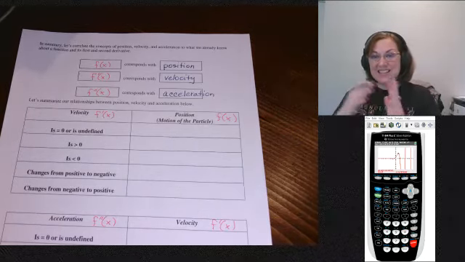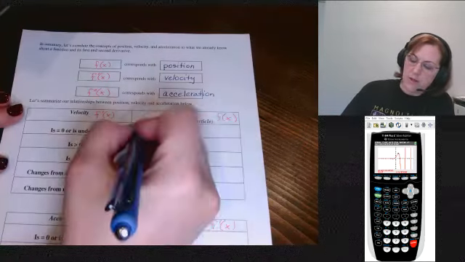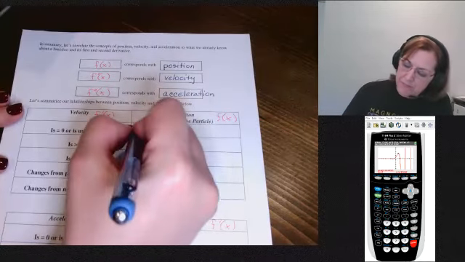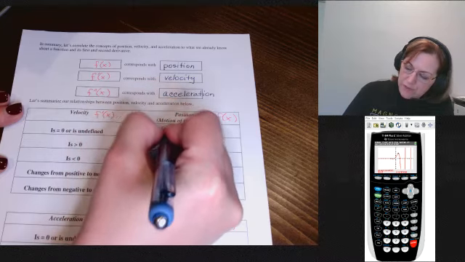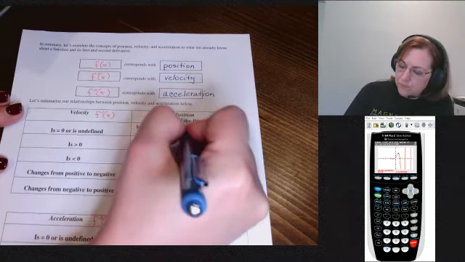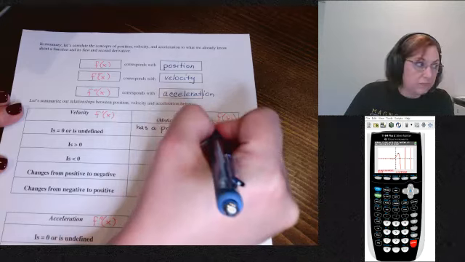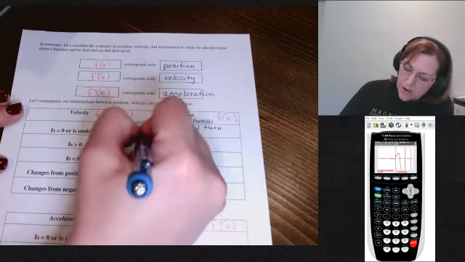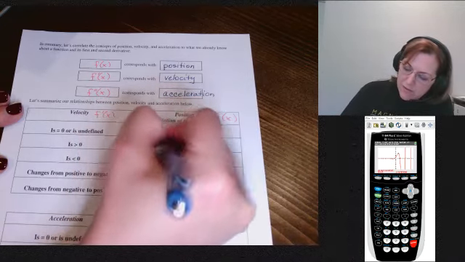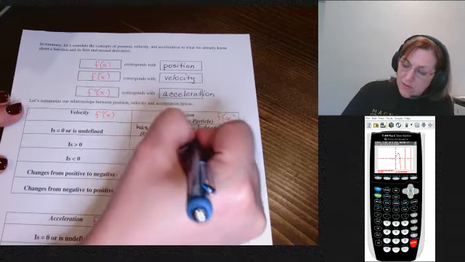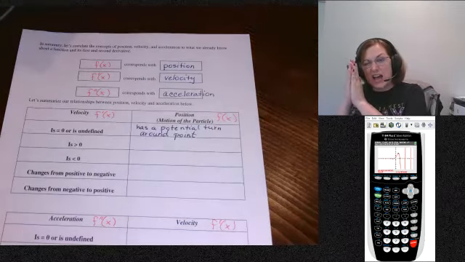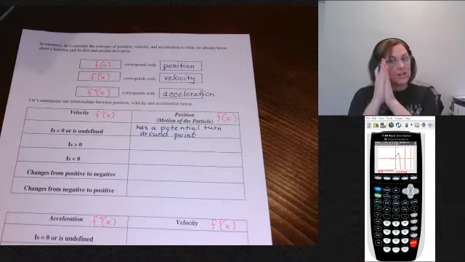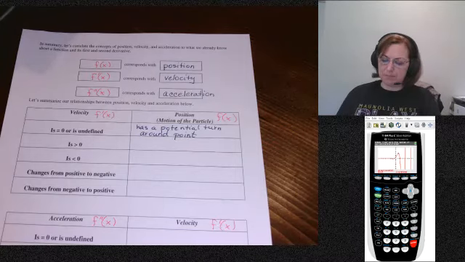And when the velocity is 0, what does that mean on my position? That it has a potential turn around point. Meaning the object could be moving in one direction, and at that second it stops, the velocity is 0, it turns around and moves the other direction.